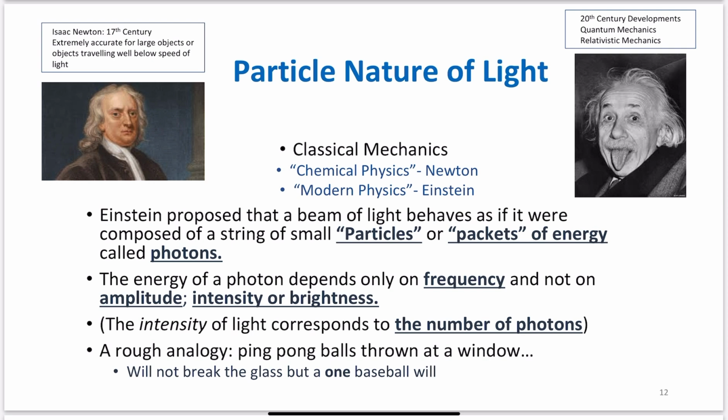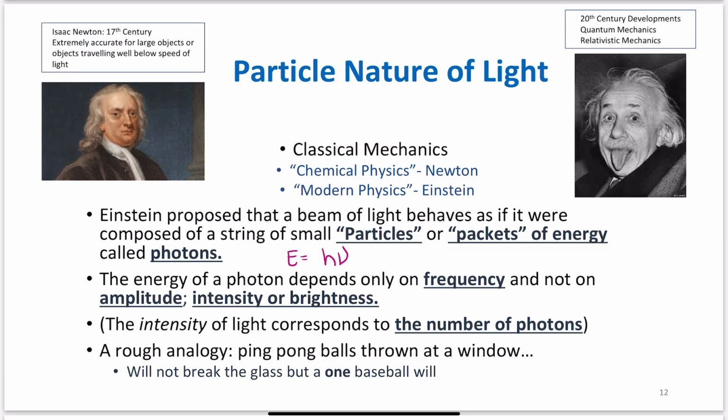Einstein proposed that a beam of light behaves as if it were composed of a string of small particles or packets of energy, and he called these packets photons. The energy of a photon is E = hν, Planck's constant times the frequency. The energy of a photon depends only on frequency, not on the amplitude, not on the intensity, not on the brightness.